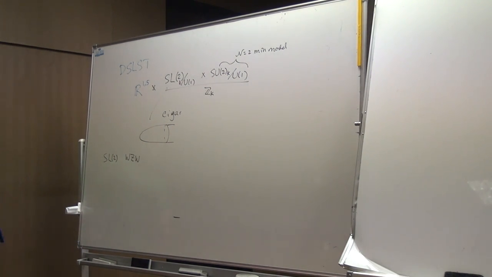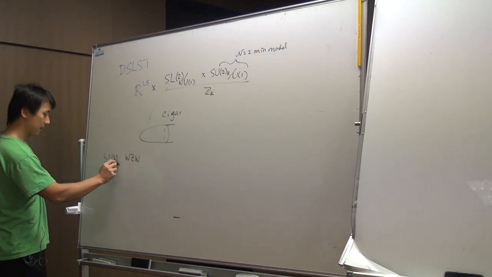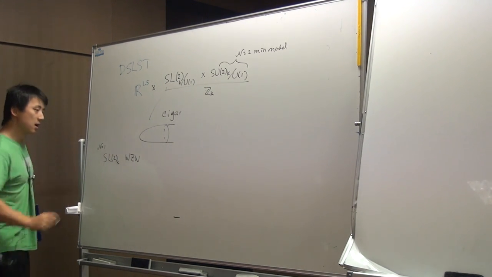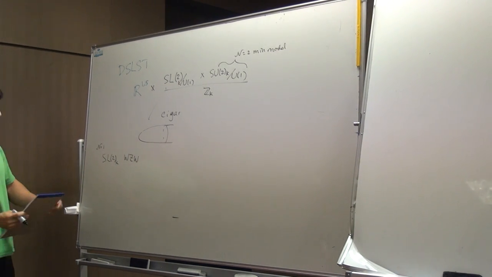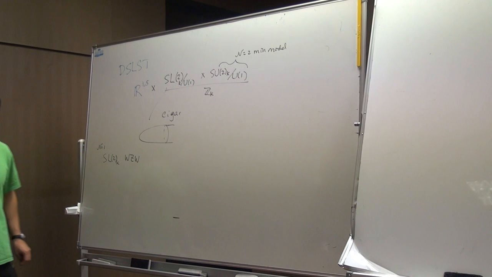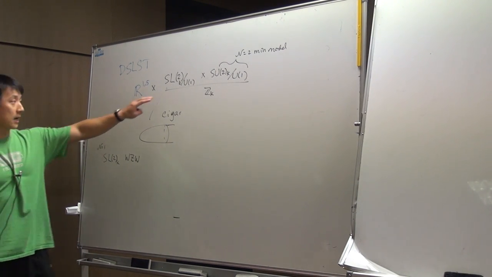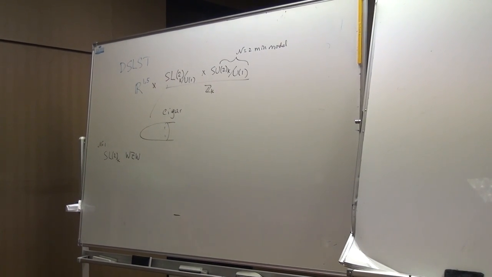So here I'm going to start with a supersymmetric, n equals 1, SL2 at level K. As I mentioned last time, you start with the n equals 1 supersymmetric SL2 WZW model. If you do the coset, you actually get enhanced n equals 2 superconformal theory after doing the coset.